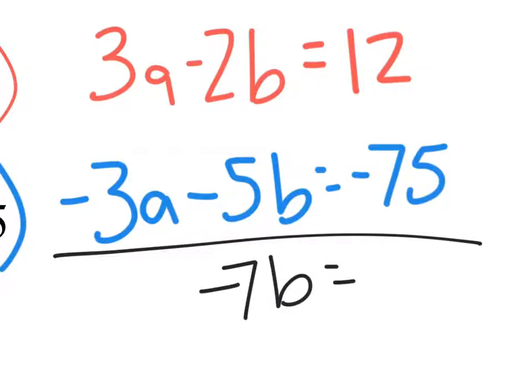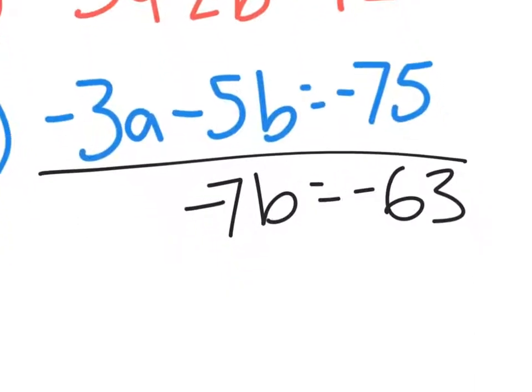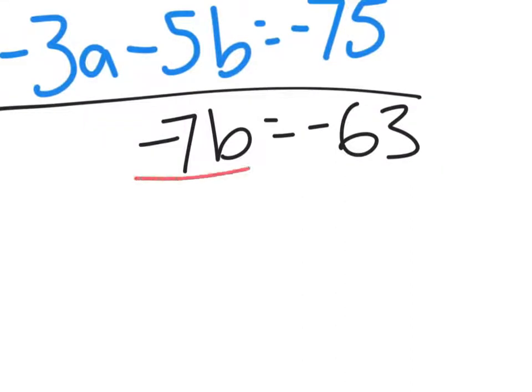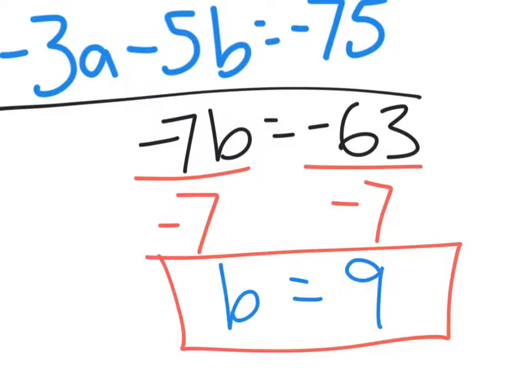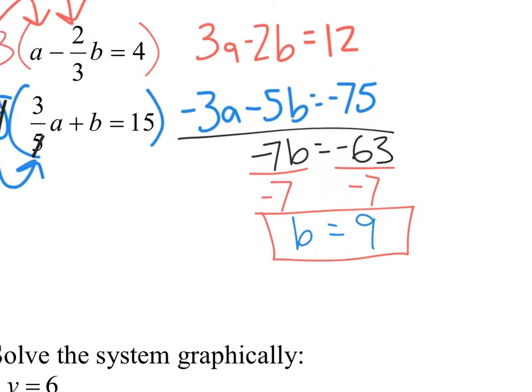And 12 minus 75 is going to give us negative 63, and we are almost there, ladies and gentlemen. We're going to need to apply the inverse operation and divide both sides by negative 7. And when we do that, b is going to be what? 9. Beautiful. So we're basically halfway done with this problem.